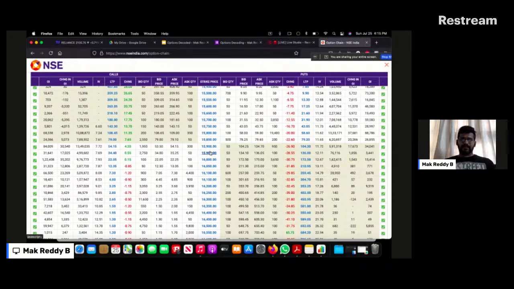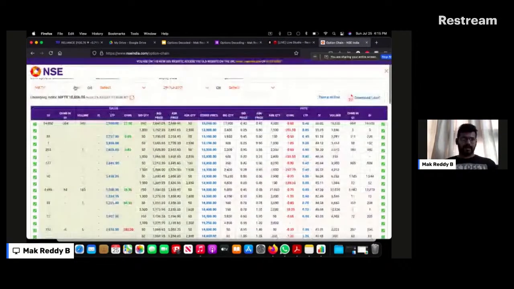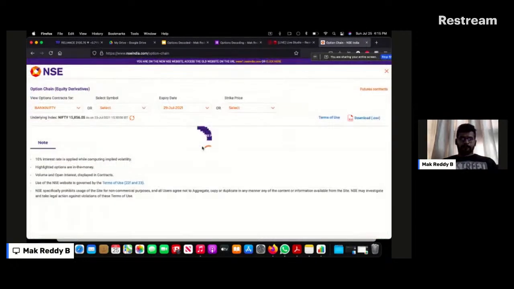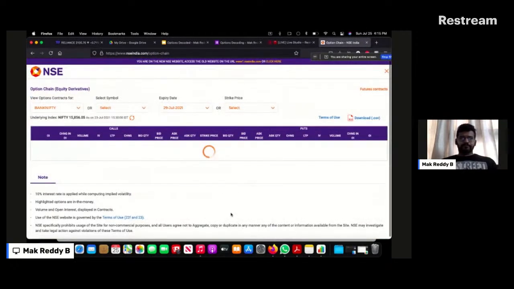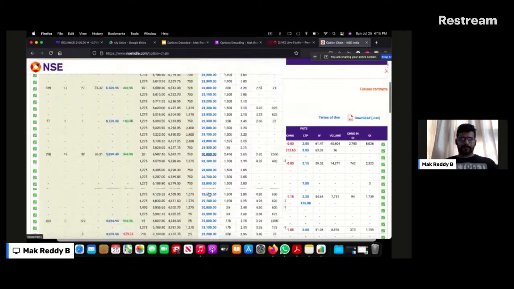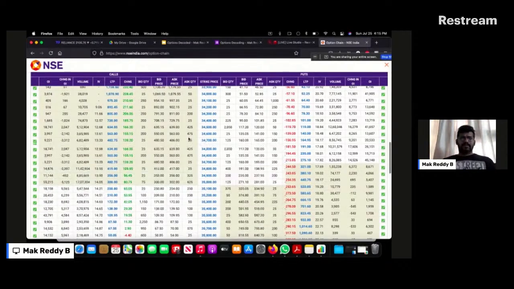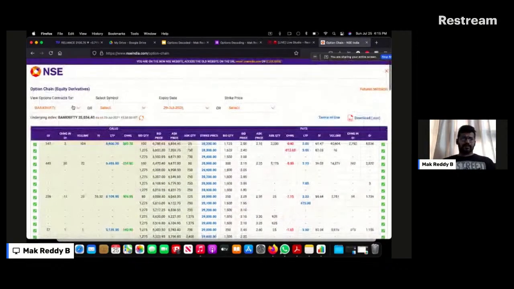And if you go to Bank Nifty, the lot size is 25, and the strike price difference is 100. All the strike prices are differentiated by 100 points: 35,000, 35,100, 35,200. And the difference varies between different stocks. Let's see for Reliance.